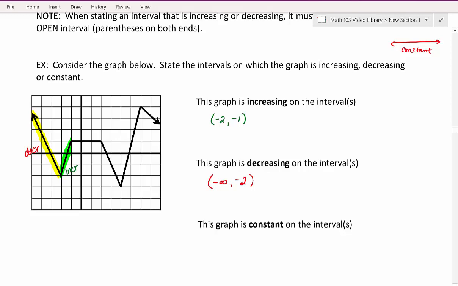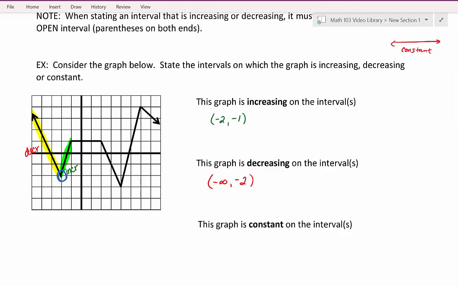This is a great time to talk about why we always use parentheses on the ends of our intervals. Take a look right here. This is where our graph is switching from decreasing to increasing.